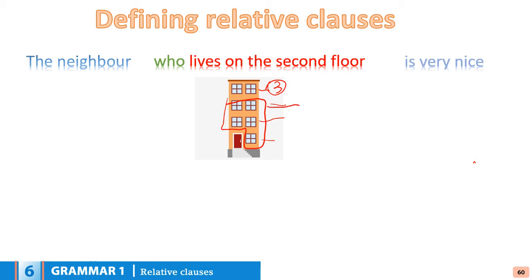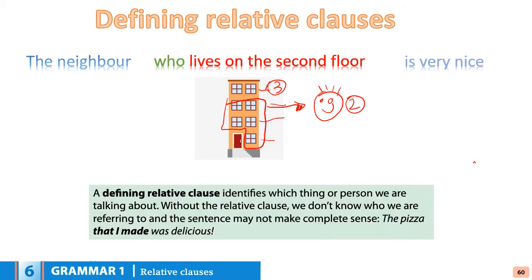Oh, yeah, I get it. Okay, thank you, relative clause defining. I know who you're talking about. You're talking about the neighbor who lives on the second floor. Get it? So, a defining relative clause identifies which thing or person we are talking about.